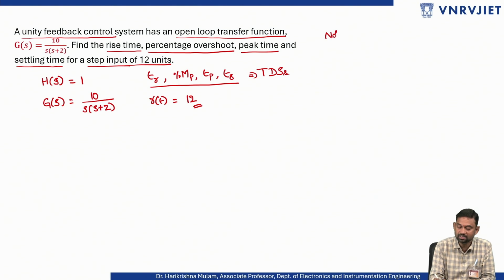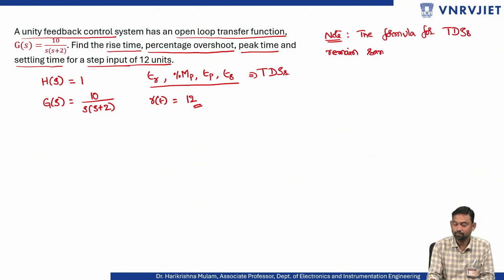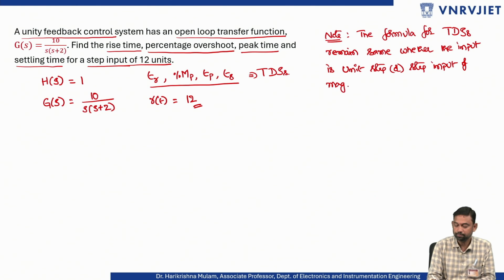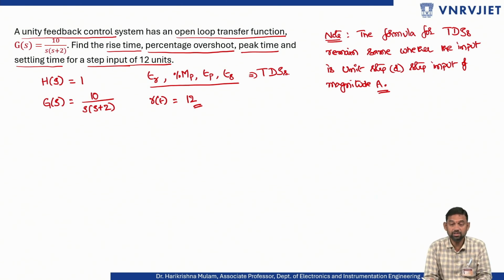Therefore, the important point is the formulas for time domain specifications remain the same whether the input is a unit step or a step input of magnitude A. So the formulas will not change, whether the input is a unit step input, or a step input of 12 units, 15 units, or in general, a step input of magnitude A.